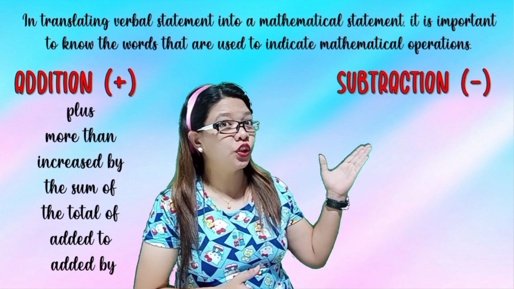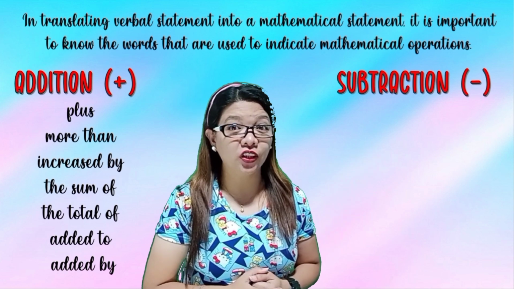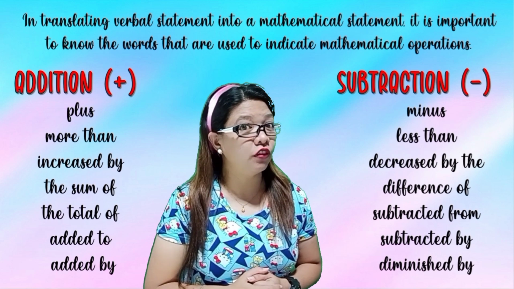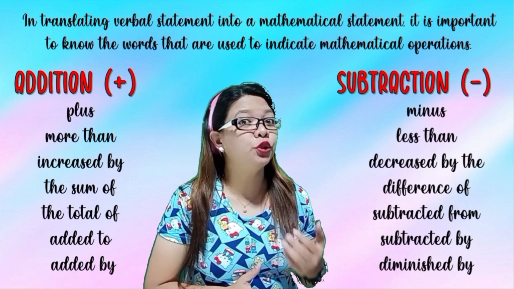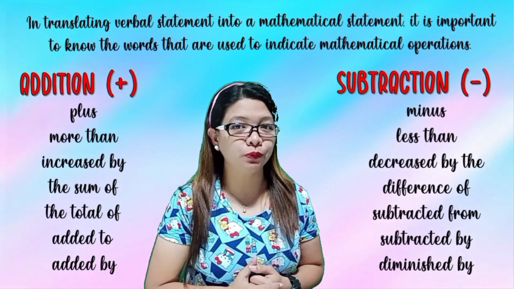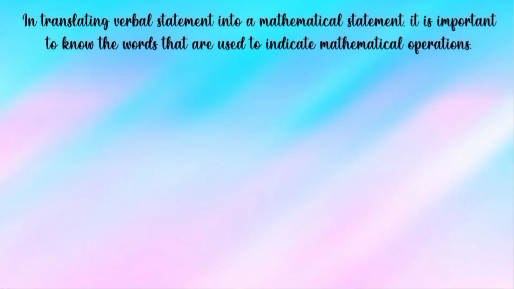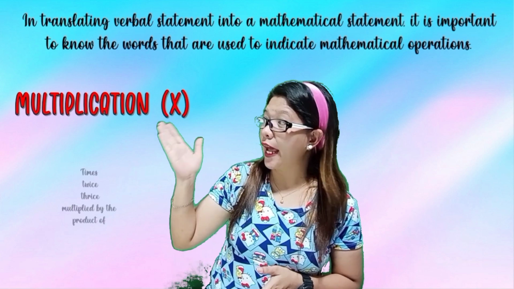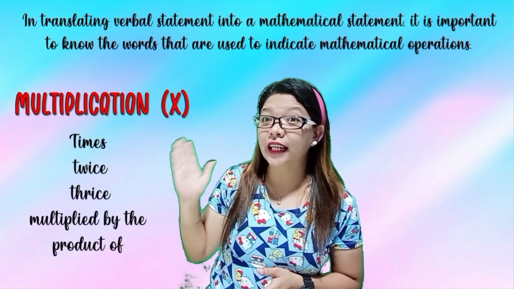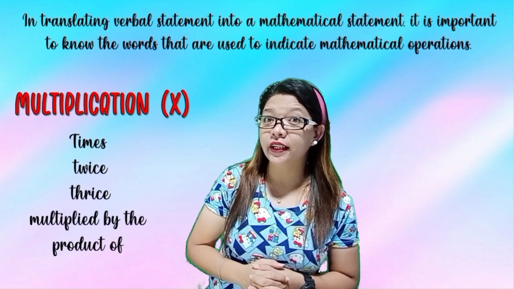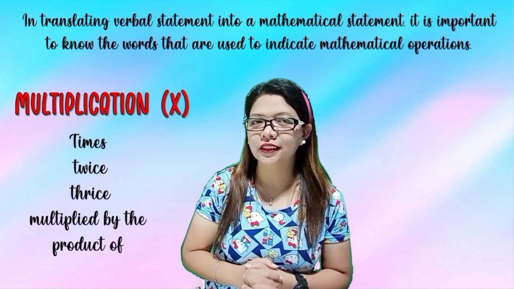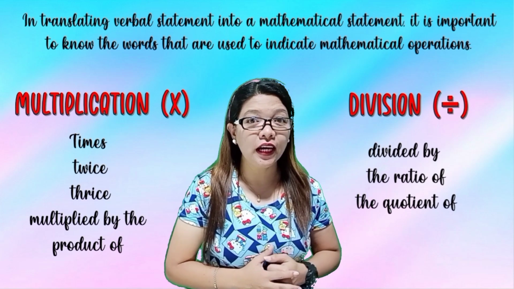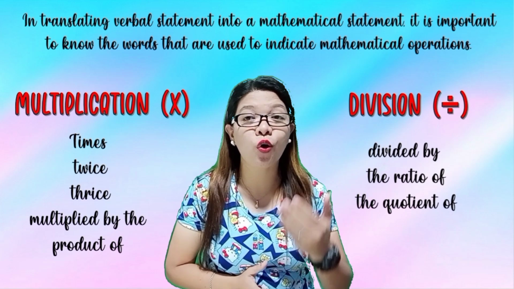For subtraction, we can use minus, less than, decreased by, the difference of, subtracted from, subtracted by, and diminished by. For multiplication, we can use times, twice, thrice, multiplied by, and the product of. For division, we can use divided by, the ratio of, and the quotient of.